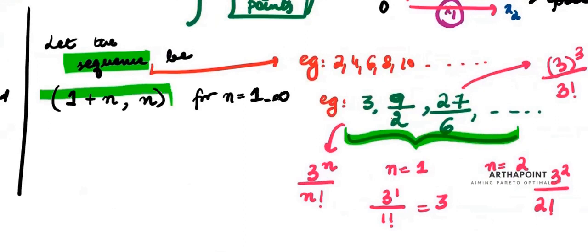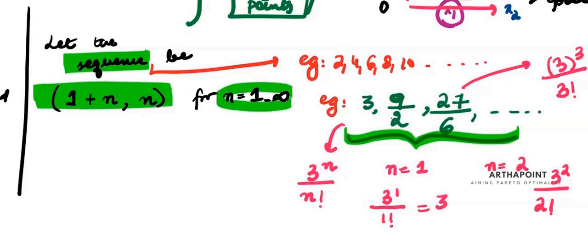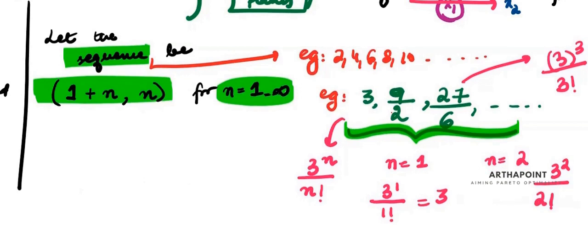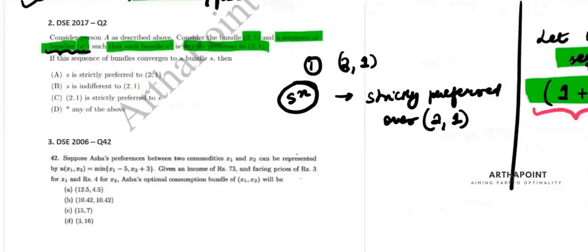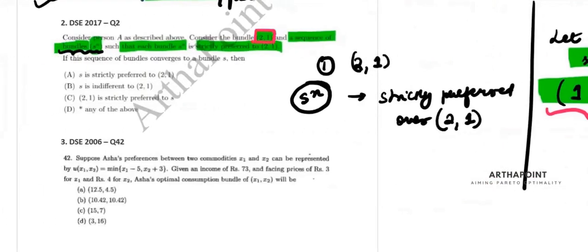Whatever patterned sequence I'm creating, over all those bundles for different values of n, 2, 1 would be preferred. There are 2 ways to solve this. If you are not given any particular sequence, then you will create a sequence such that you are able to get this bundle 2, 1.